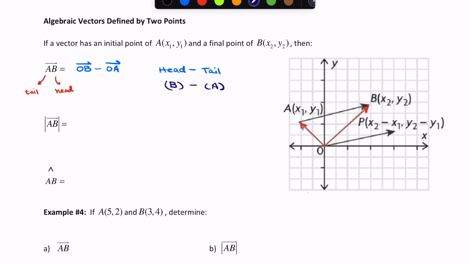Now here if we label our vector OA, that is equal to, again, x1, y1 in component form. And if we label our vector OB, then that would be x2, y2 in component form.